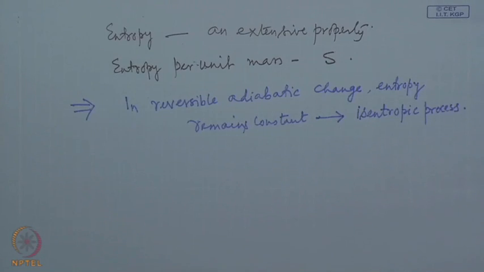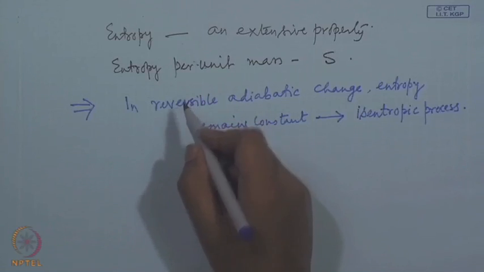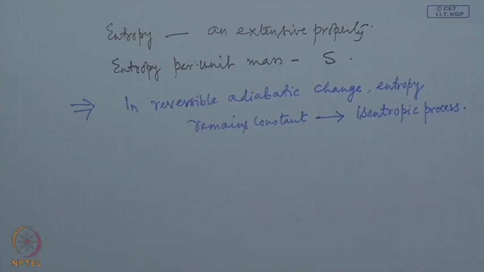And with the help of this, the second law can be expressed also in this form, that in a reversible transition from one equilibrium state to another equilibrium state, the increase in entropy is proportional to the heat given to the fluid.